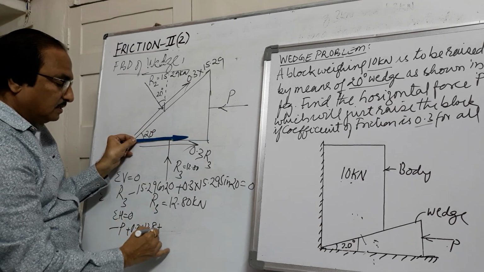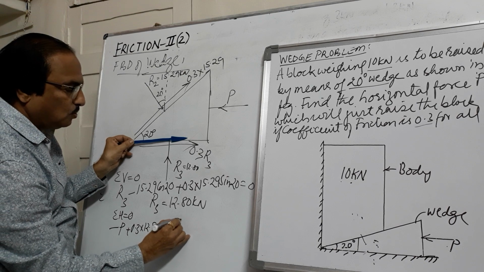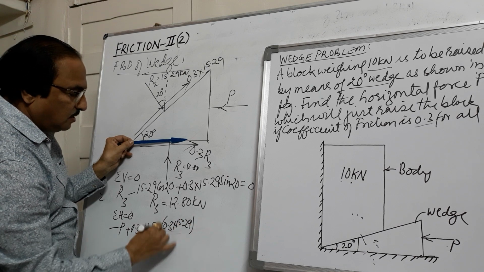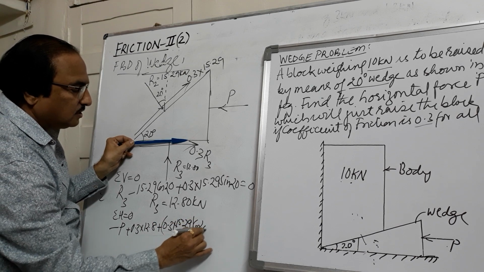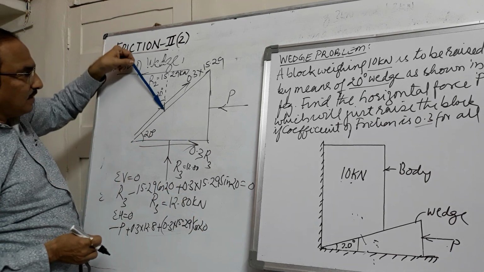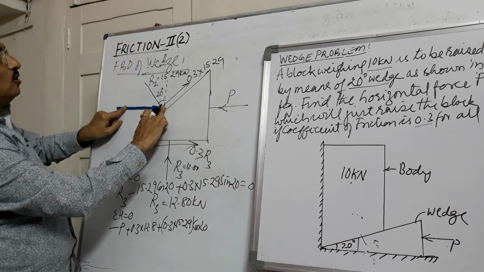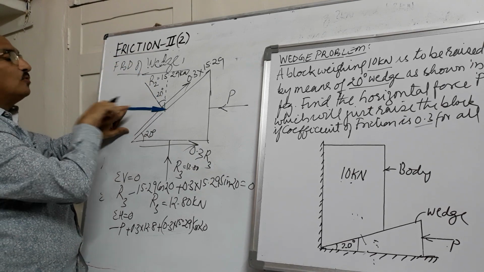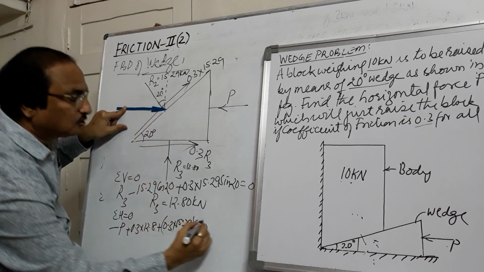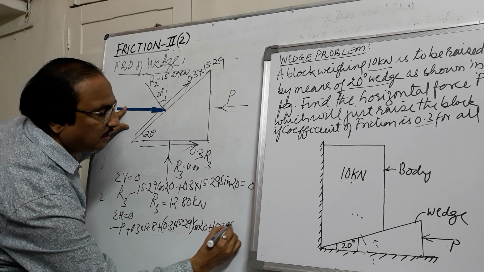So it will be plus 0.3 into 15.29 into cos 20. Now coming to this R2, it is making an angle of 20 here. If I resolve it horizontally, it is going away from 20 and the direction is right, so it will be plus 15.29 into sine 20.